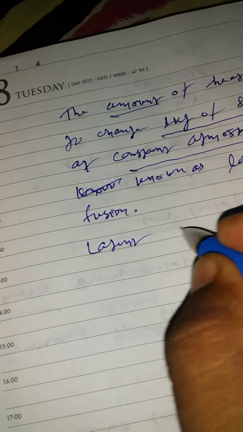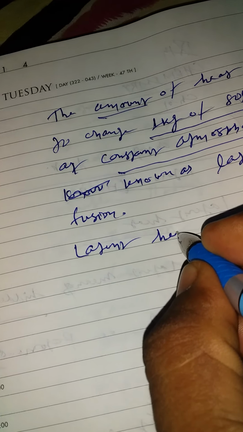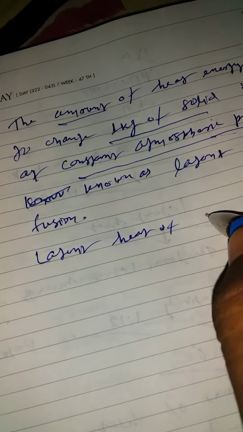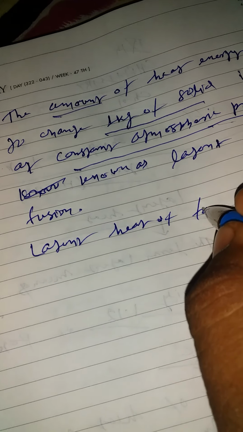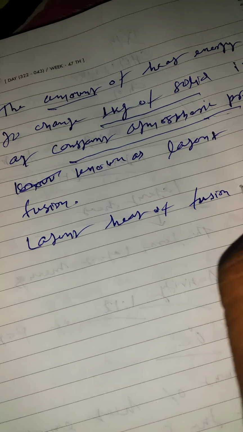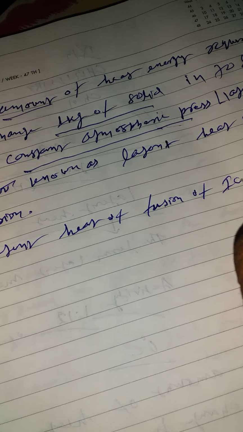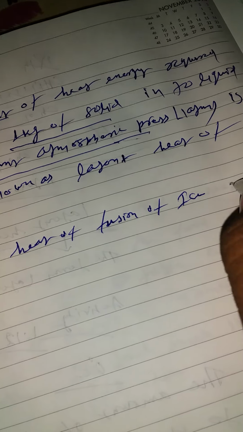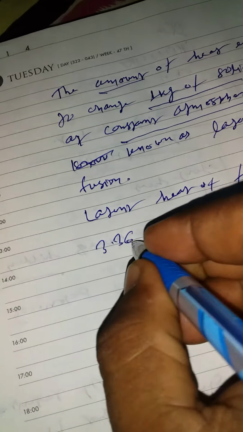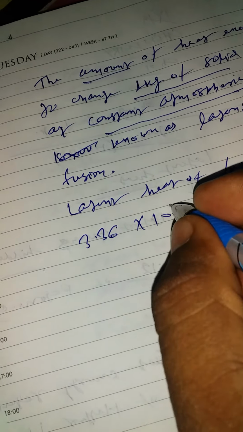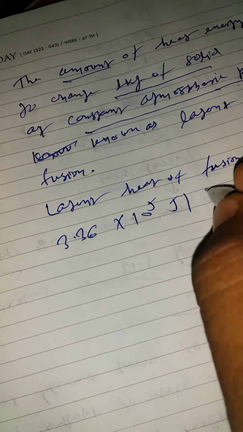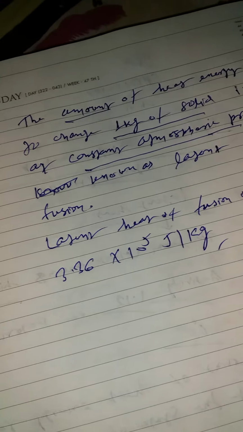And students, the latent heat of fusion of ice is 3.36 into 10 to the power 5 joule per kg.